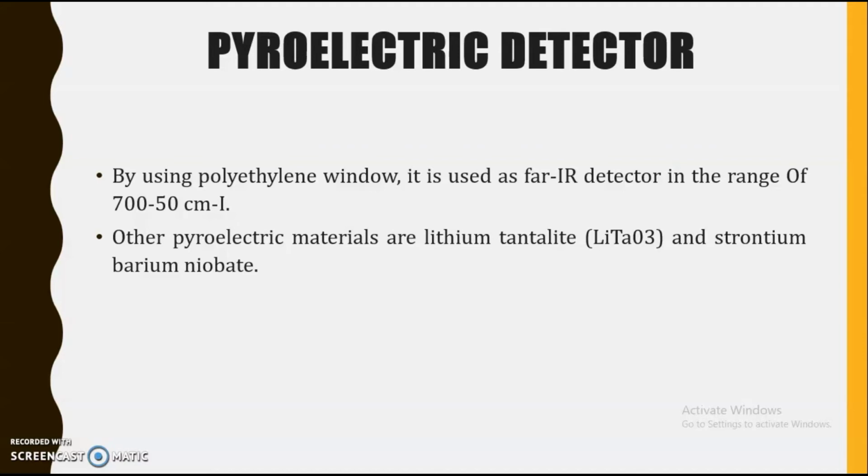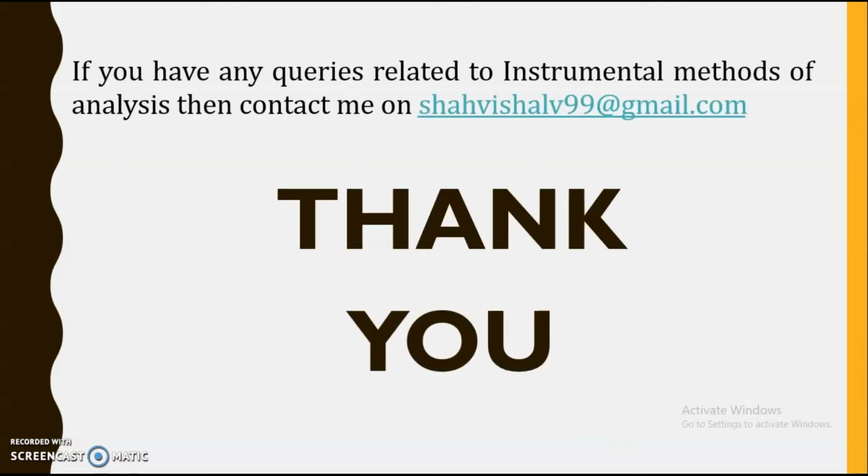So these are the various detectors that are used in IR spectrophotometers. In addition to that, semiconductor detectors are also used, but here we will not discuss them in detail because they are not that much used in IR spectrophotometers. So these are the 5 important detectors that are used in IR spectroscopy.